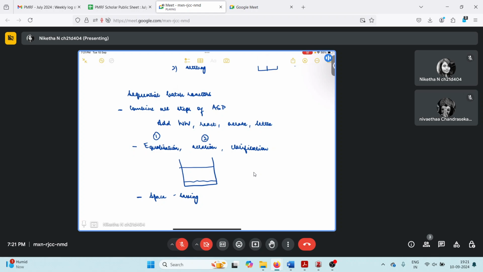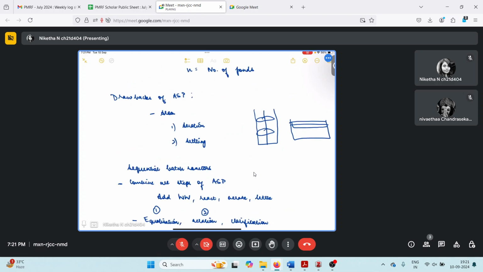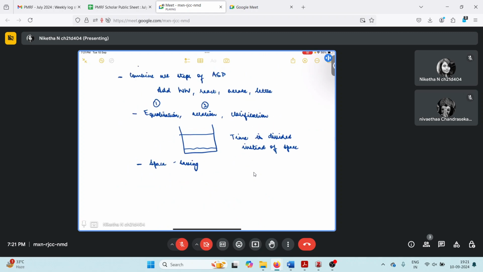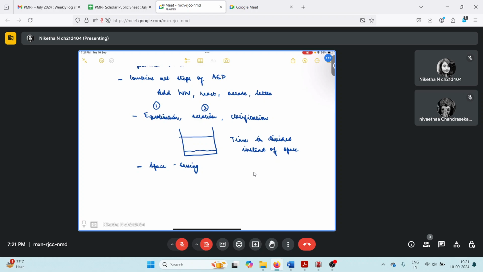After that, we have to do aeration, that will take some time. And then we have to do clarification, which will take its own time. So here, instead of space, the time is divided. So instead of having two reactors for aeration and settling, we are combining in the same reactor but at different times. So first we will do aeration, after that we will do settling.